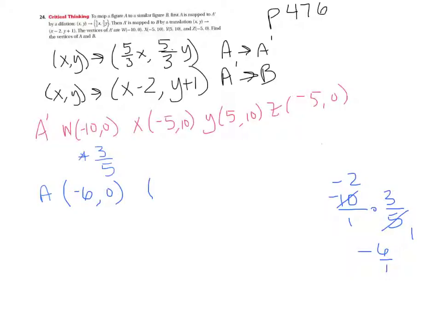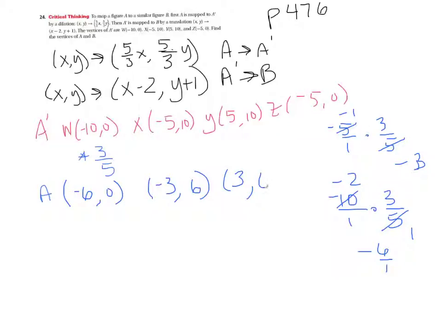My next ordered pair, I'm going to take -5/1 and multiply by 3/5. You can see that these 5s are going to cancel and I'm left with -1. When I multiply -1 by 3, I end up with -3. So in my ordered pair I have -3. I already did 10, and if I got a -6, then I'm going to get a +6. Positive 5, well, if I got a negative 3 the first time, I'll get a positive 3.